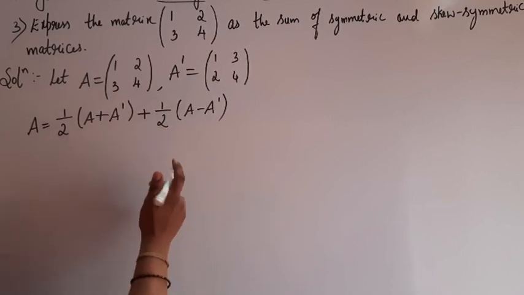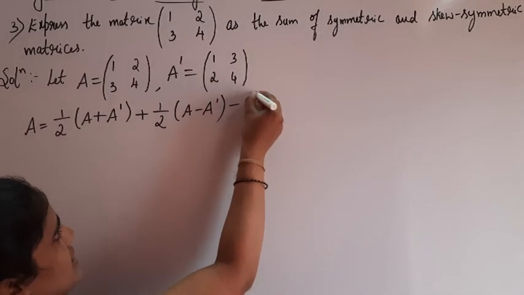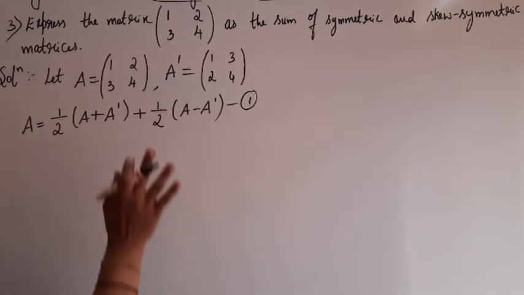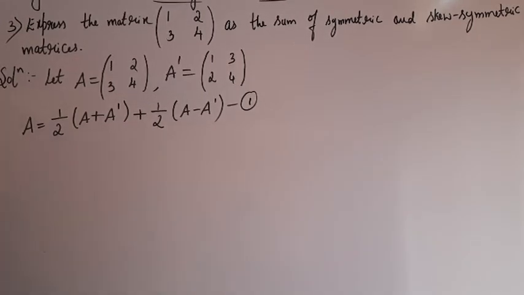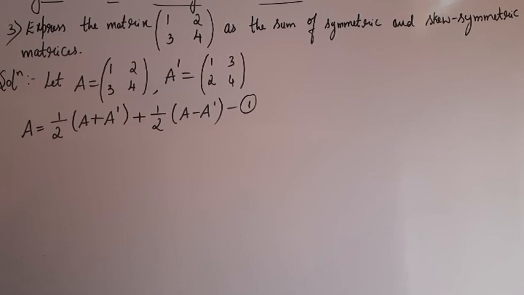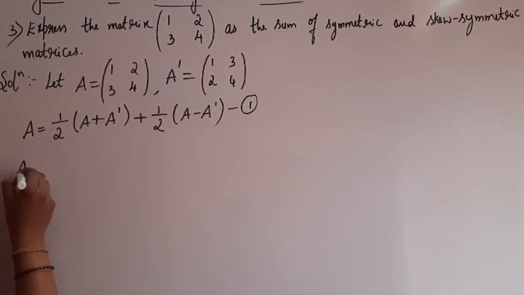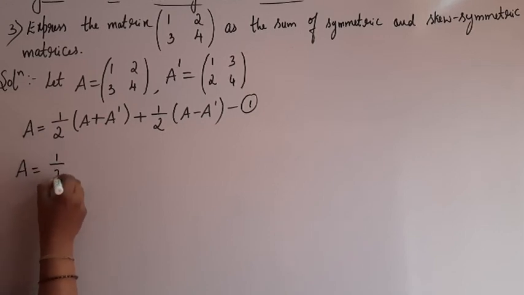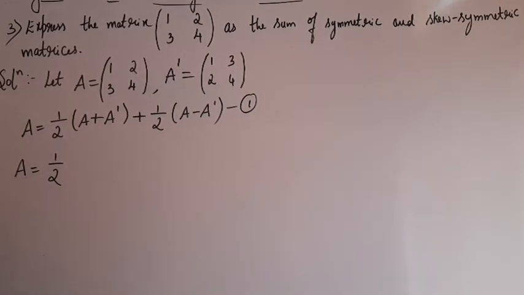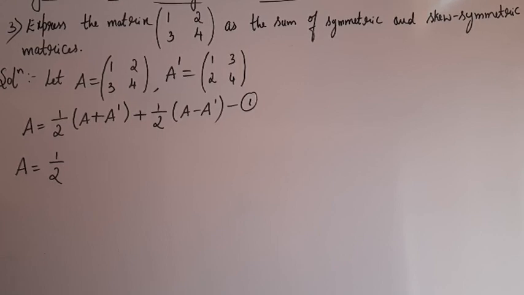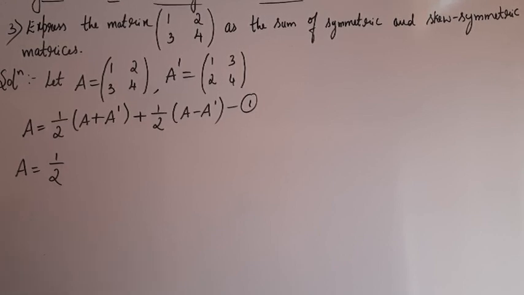Then we substituted into the given expression, that is we took the expression as equation 1, and we substituted the two terms in equation 1. Or otherwise we can do it another way: let us substitute directly here itself. See here, matrix A equals 1 by 2. So this is another method we can use, similar to the previous problem. Which is very easy, you can use that one.